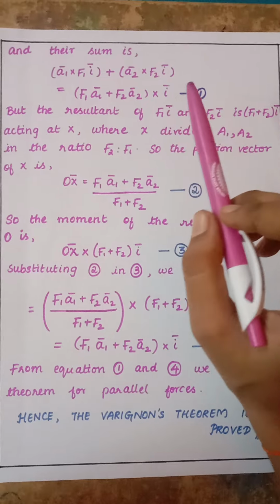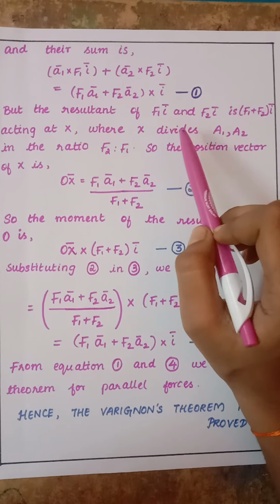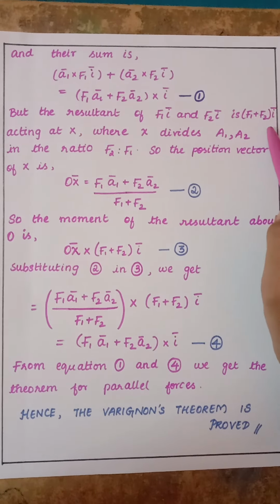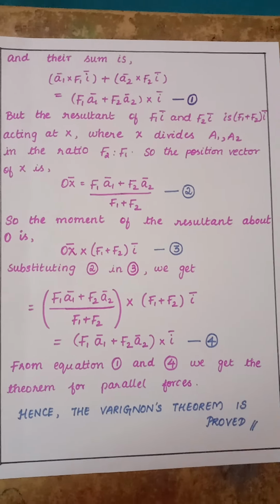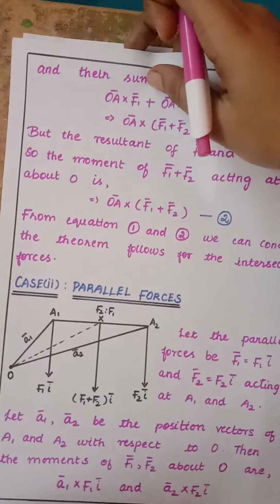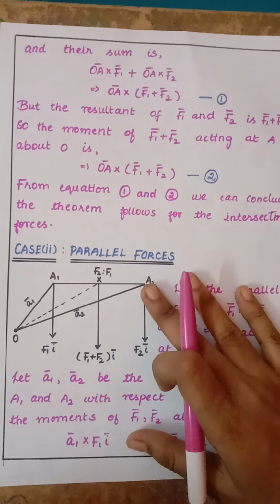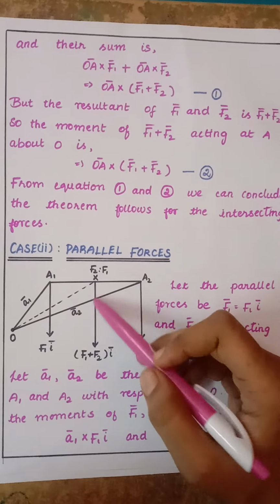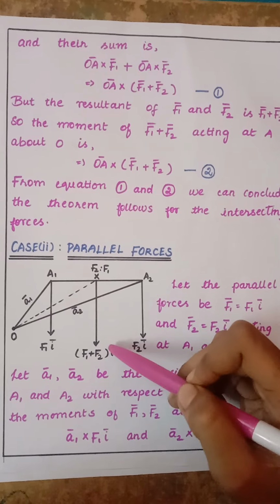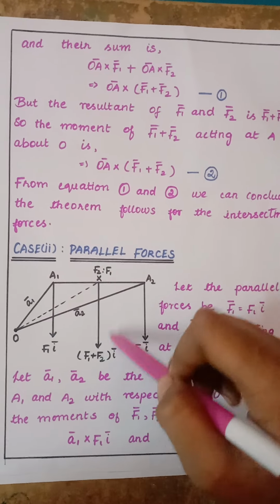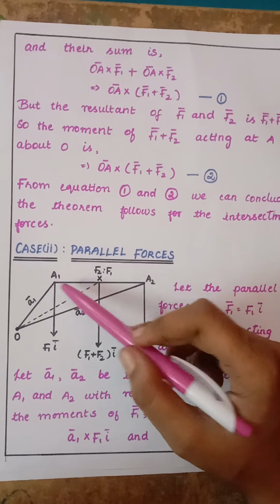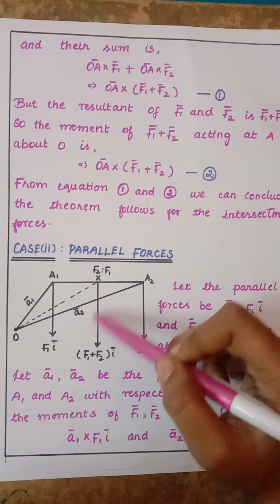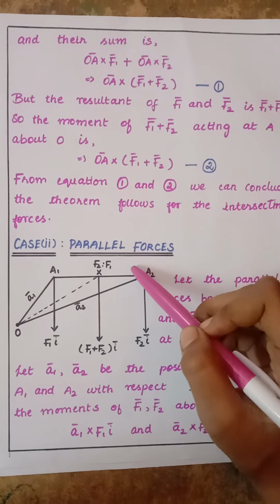Now, the resultant of F1 i vector and F2 i vector is (F1 plus F2) i vector, which is acting at X. So let us see the diagram once again. So the resultant, that is (F1 plus F2) times i vector, is acting at the point X, where X divides A1 and A2 internally in the ratio of F2 to F1.